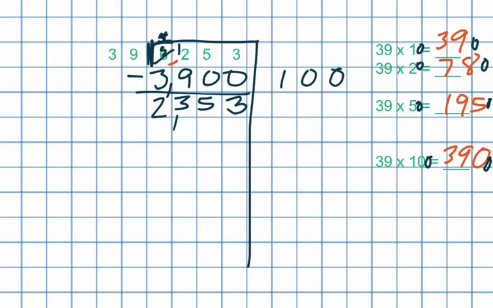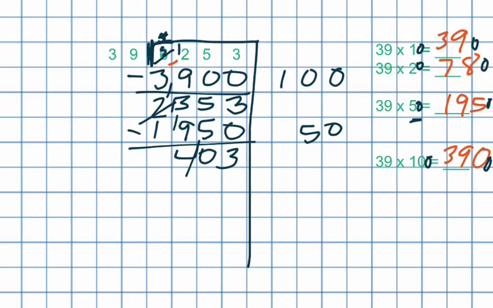Ooh, I can take out 1,950. I'm saying 13 minus 9 would be 4. Okay, so how did I get 1,950? I multiplied 39 times 50. So I'm going to put 50 on the outside.